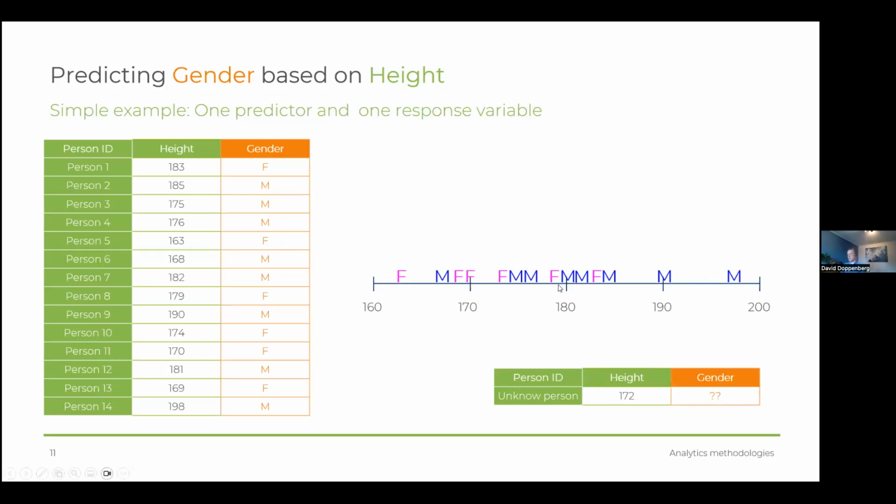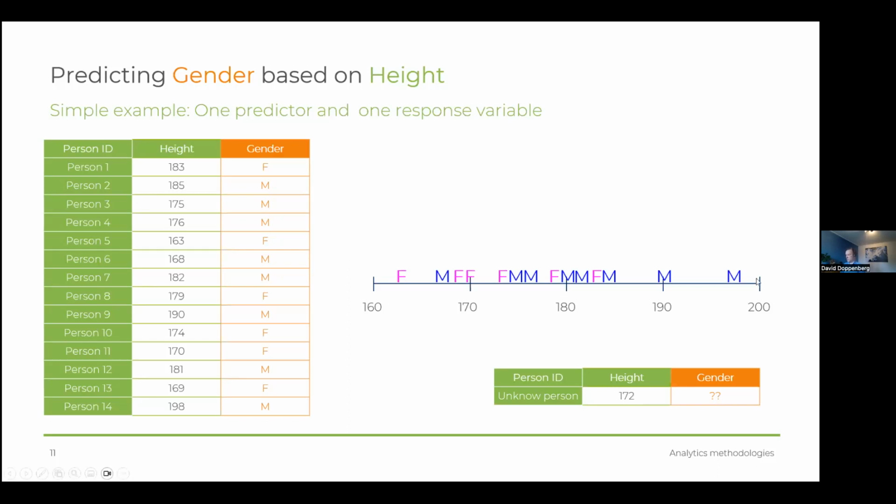The simplest thing we can do is draw a so-called decision boundary, where every new person to the left will be one label, and every new person to the right will be the other label.